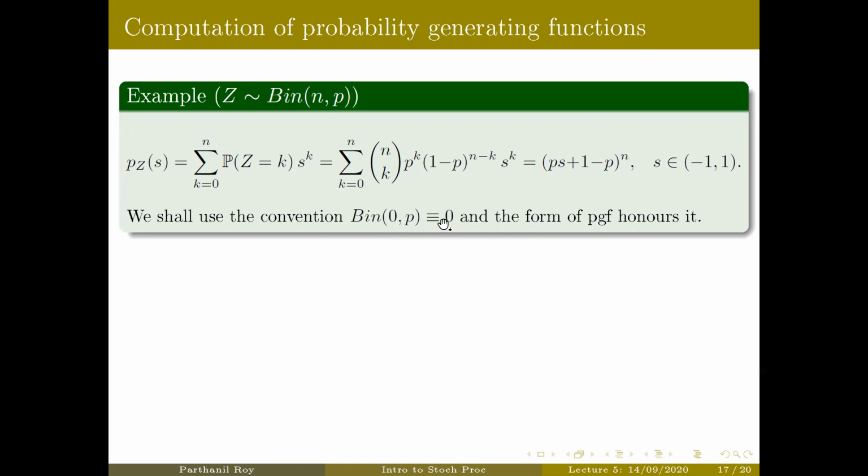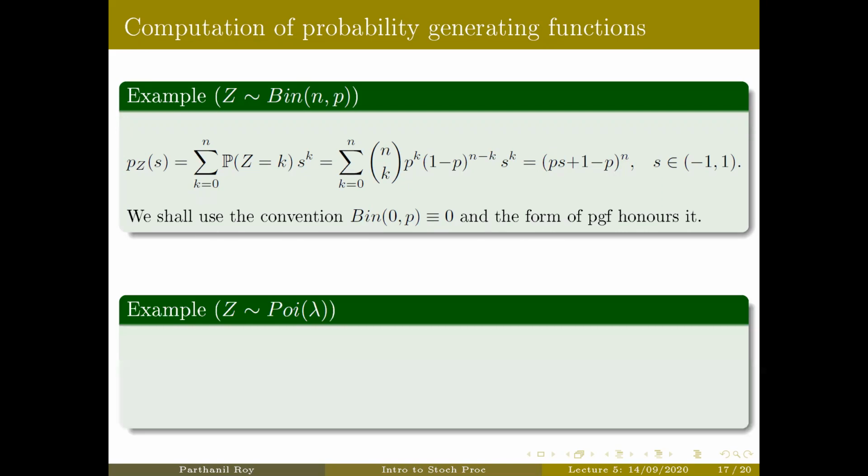Because the PGF for the 0 random variable is just 1, and so is it if you put n equal to 0 here. Therefore, we'll keep this convention whenever we have calculations from now on.